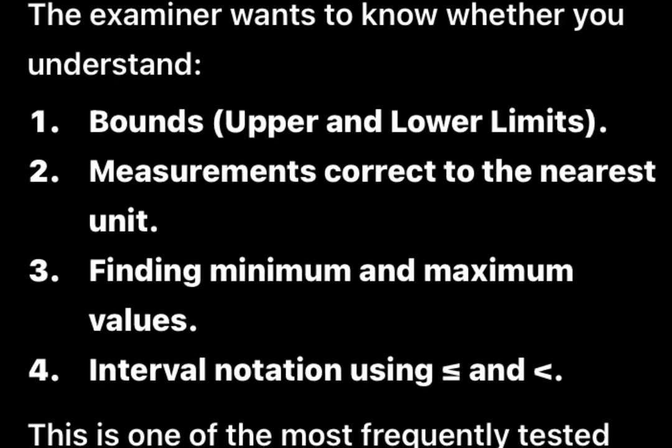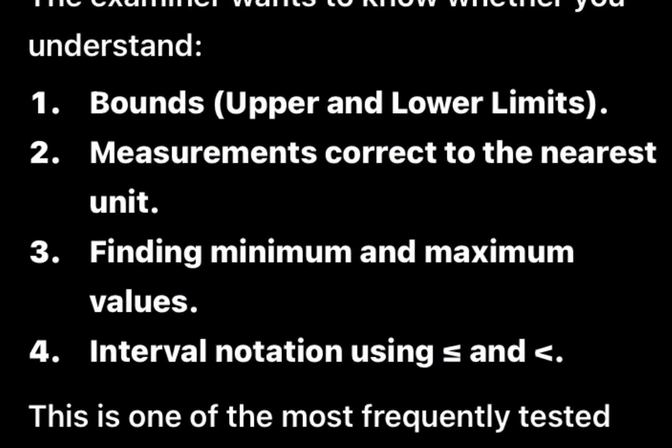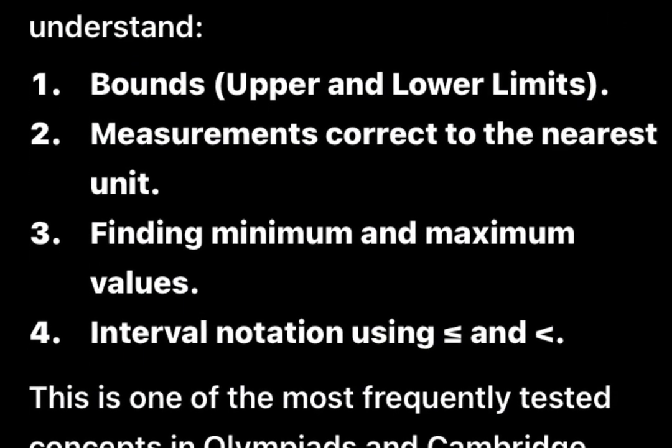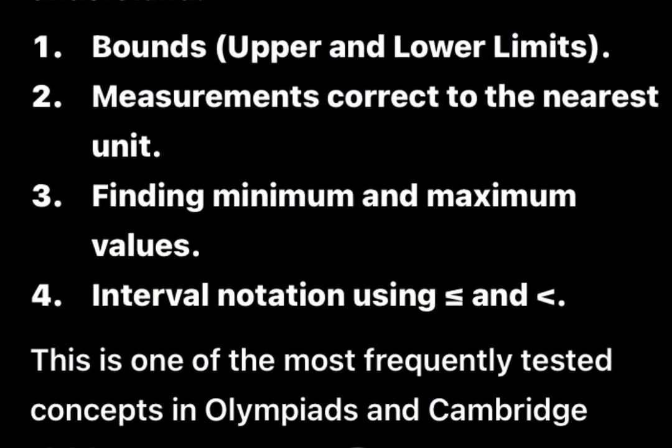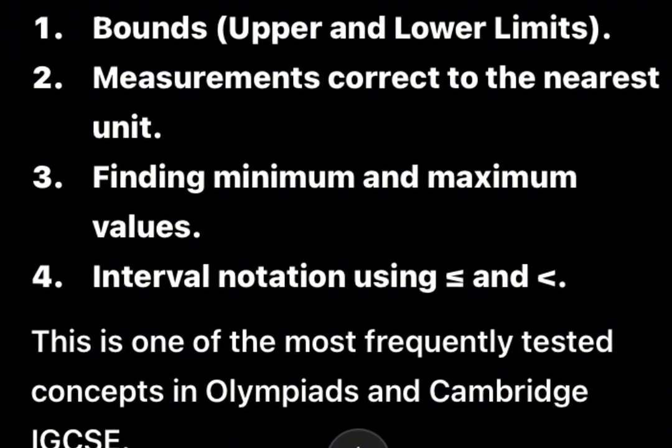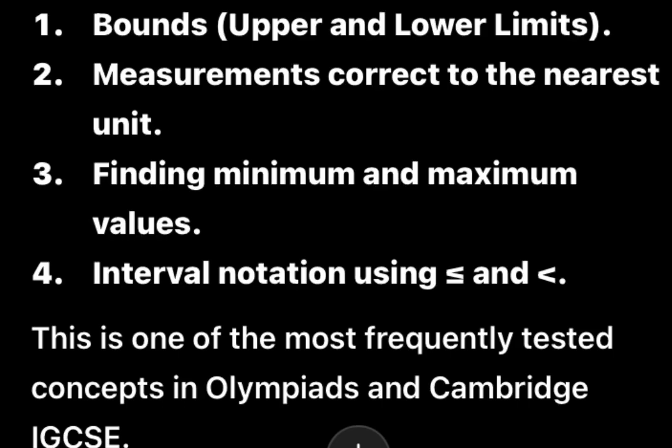Number 2 is measurement correct to nearest units. 3 is finding minimum and maximum values, making use of the upper and the lower limits, and also interval notations. How to use the inequality signs to represent intervals. Let me say here that this is one of the most frequently tested concepts in Olympiads and Cambridge IGCSE.